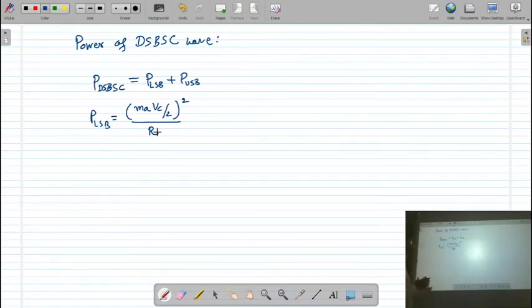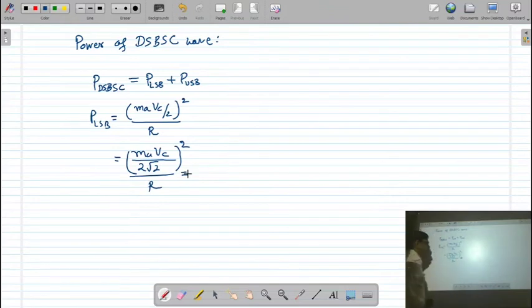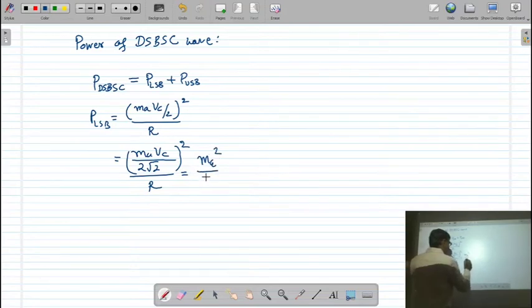The power dissipated is actually the average power, and therefore we have to write in RMS. So (maVc/2 divided by root 2) whole square by R. Why are we dividing by root 2? To get the average power, we have to convert this voltage into an RMS voltage. So this is ma square by 4 into Vc square by 2R.